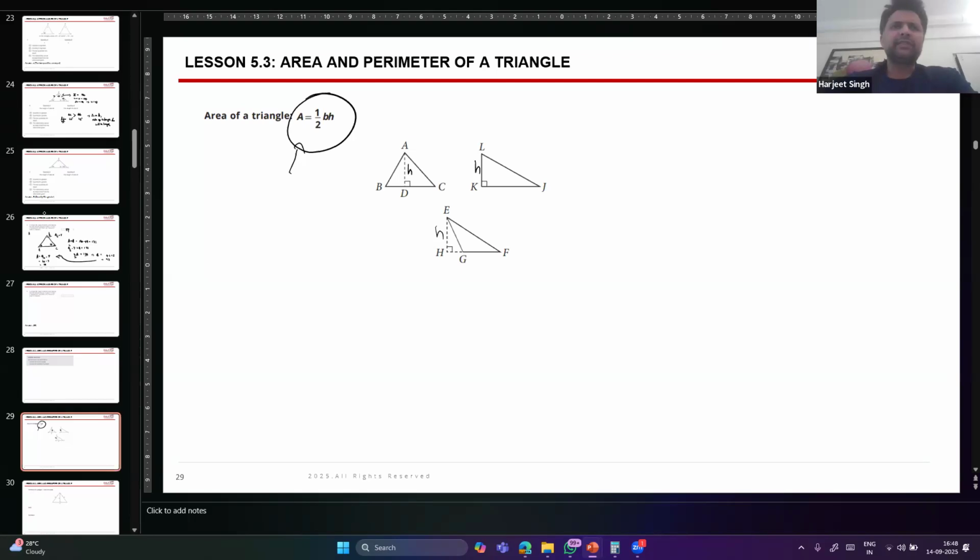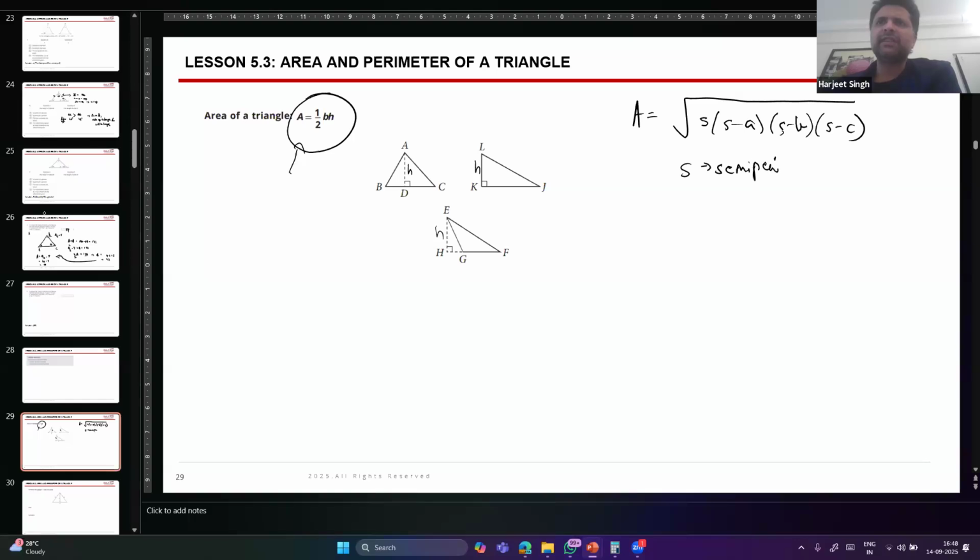There is one more formula which you can note. Might not be tested, but good to know for complex problems. So area can also be written as root of S into S minus A, S minus B, S minus C, where S is semi-perimeter.